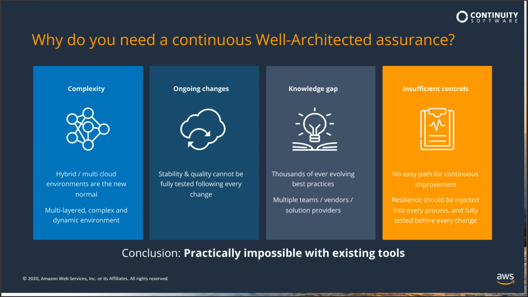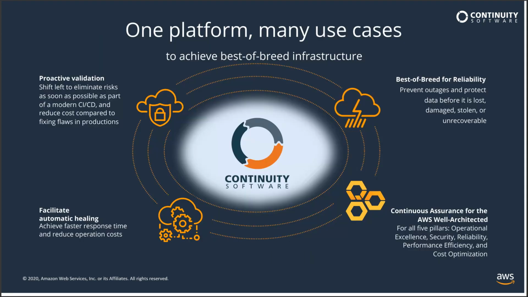So, Avi, with this approach, what specific use cases are you addressing? So in order to achieve best of breed infrastructure, we have 4 main use cases. It starts with what we call proactive validation, a kind of shift left in order to eliminate risk. We allow our customers to integrate with their CI/CD pipeline, for example Jenkins.